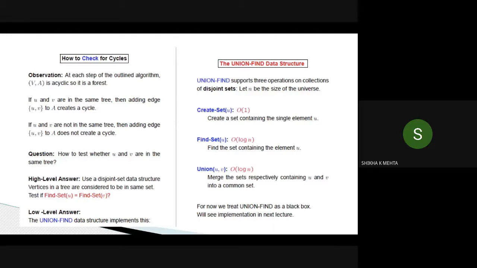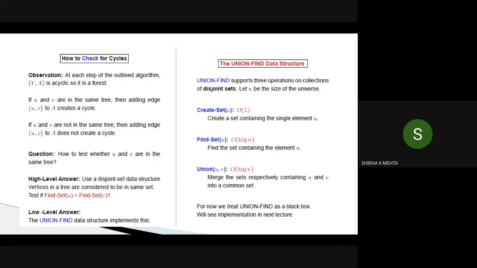For this implementation, we use a disjoint set data structure on the vertices in a tree, so that we can check whether find set u is equal to find set v, that means both are the same or not. If they are not in the same tree, we will consider that edge. If they are in the same tree, we will not consider that edge.